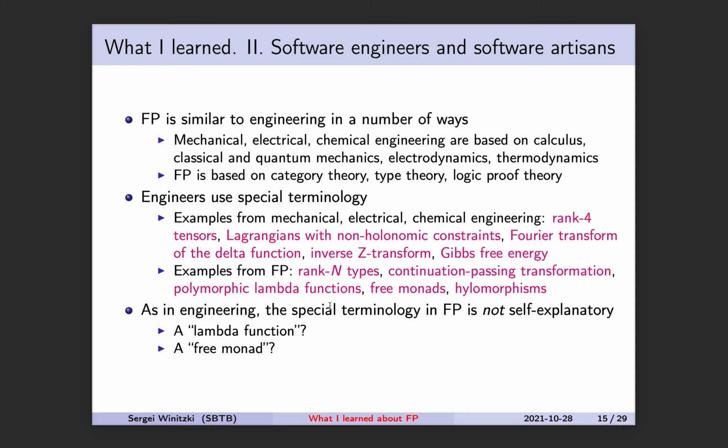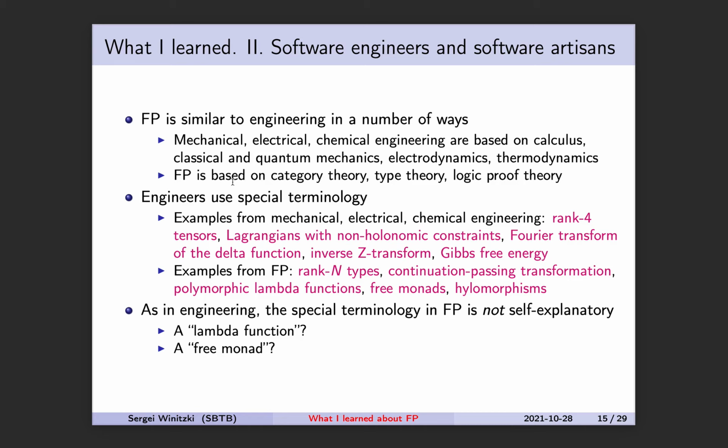So functional programming is similar to engineering in a number of ways. So let's quickly take a look at engineering. So mechanical engineering, electrical engineering, and chemical engineering are based on calculus, on classical mechanics, quantum mechanics, electrodynamics, and thermodynamics, and so on.